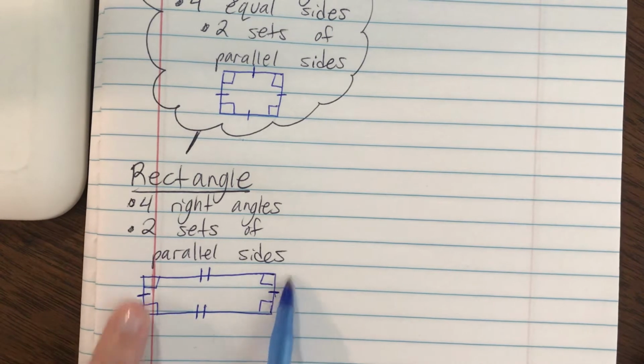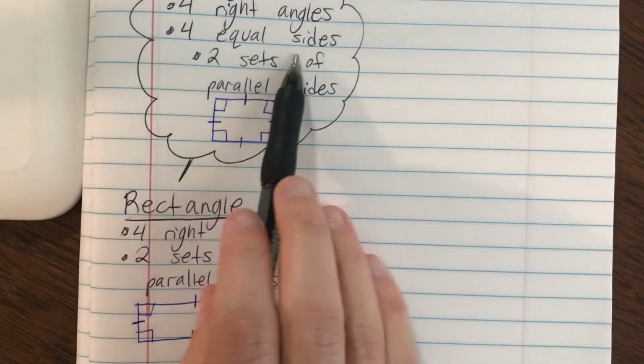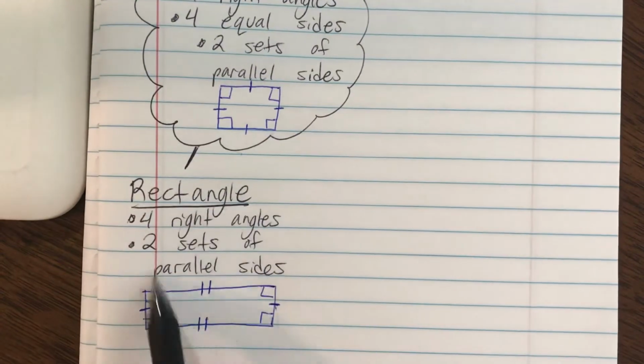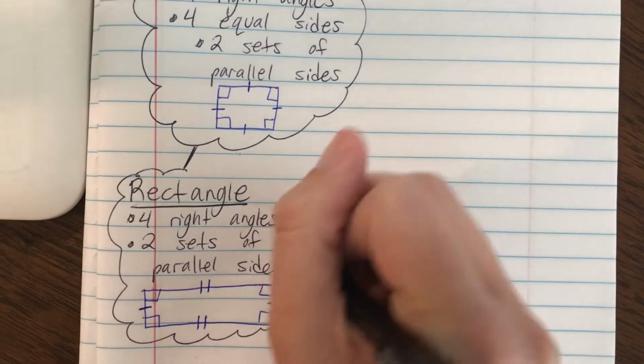So these 2 sides are the same length, and then the top and bottom are the same length. Okay, so that definition of that 4 equal sides with that square goes away, but then everything else stays the same with our rectangle.